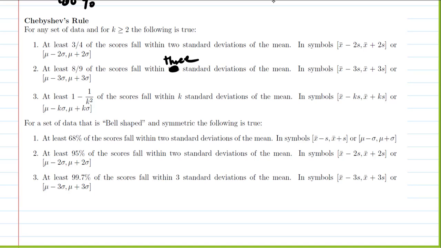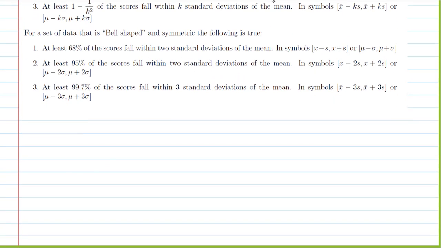There is a specialized version of that formula for what are called bell-shaped curves. So a bell-shaped curve that is symmetric looks something like this. So if your curve seems to look like this, you may have heard them as the bell curve or the Gaussian distribution if you've taken a stats class.